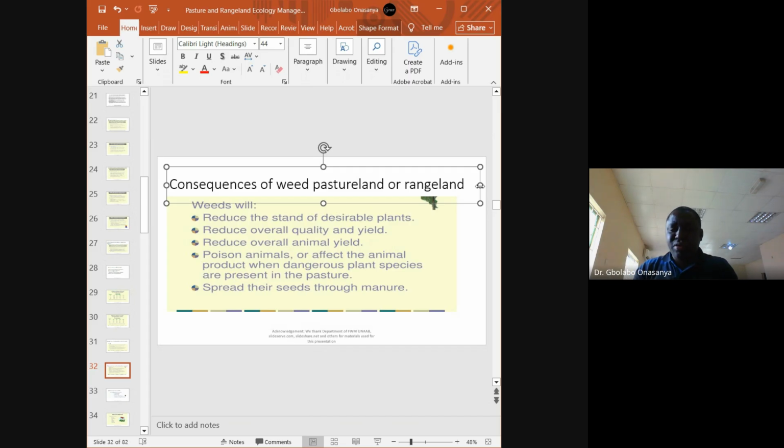Ultimately, it will reduce animal yield. It will reduce livestock production because the weed and our forage will be competing for the same nutrients in the soil. So if you are able to eliminate the weed, then we will have abundance of nutrients for desirable plants to grow.